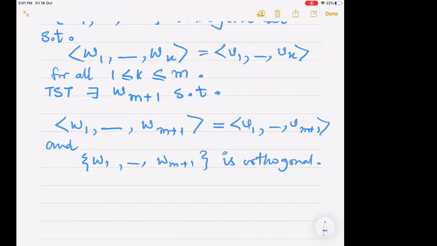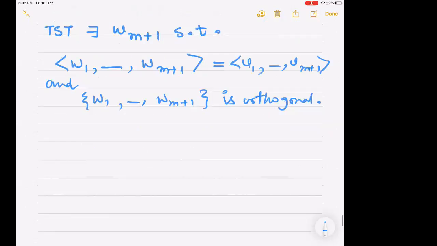That's it. If we do that, then we are done by induction. You are understanding my point, I hope you do. Okay, so we have to find this Wm plus 1 given this data.